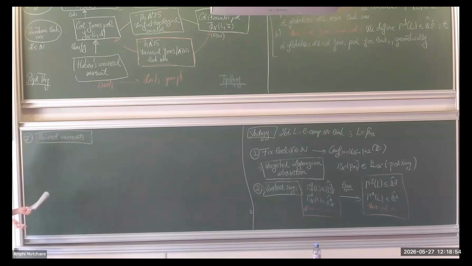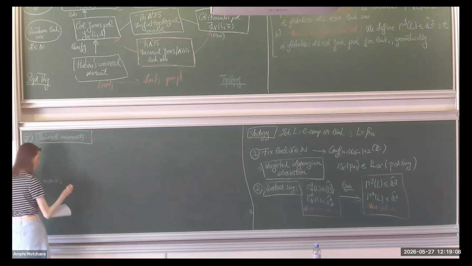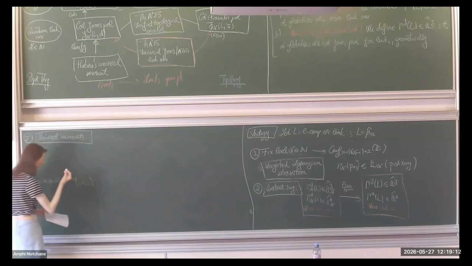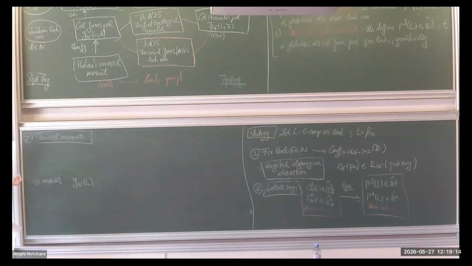So the general philosophy is that, let's say, we start with a sequence of invariants, which are denoted by Jn. For example, we can have in mind Kashaev polynomials or ADO invariants.